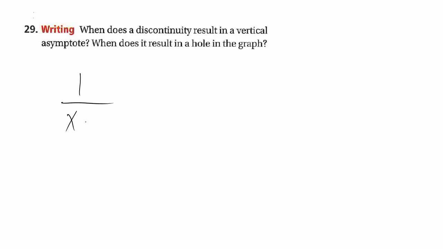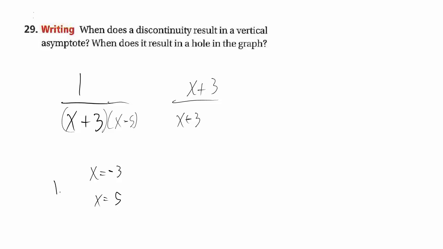For 29, we're talking about when do we have vertical asymptotes. So for this one right here, you have a vertical asymptote at x equals -3. But if we wrote x plus 3 over, so for this first expression, at x equals -3 and x equals +5, these are both vertical asymptotes.